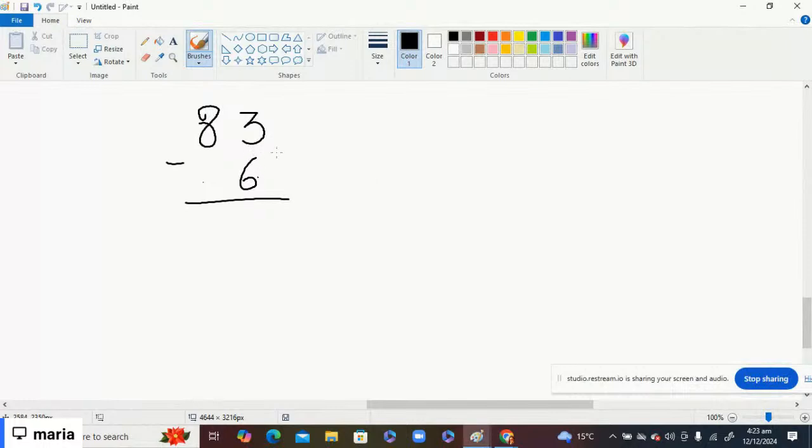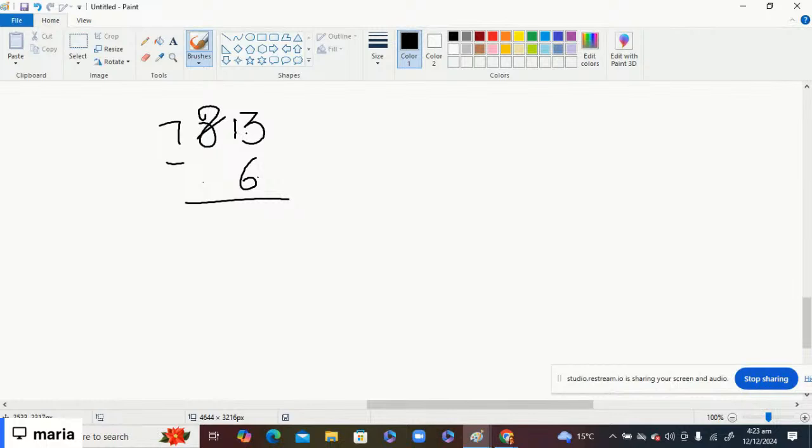So here, is 3 out of 6 possible? Everyone tell me, is 3 out of 6 possible? No, 3 out of 6 is not possible. So what do we do for that? We are going to take some borrow from the 8. 8 becomes 7 and 3 becomes 13.